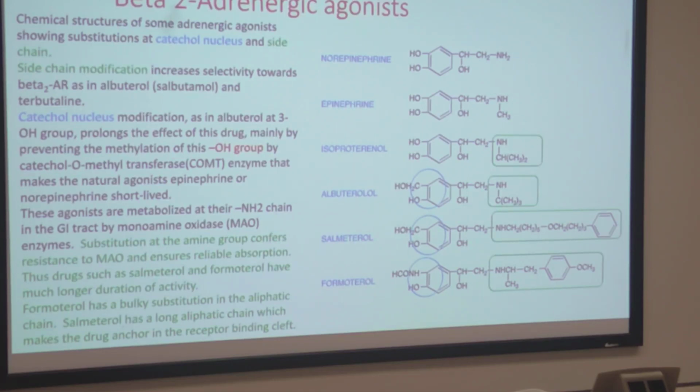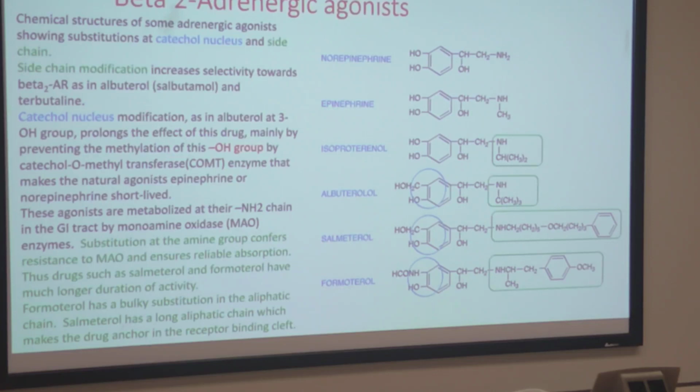So if you block the hydroxyl group or convert it into something else, you can make it stable, able to withstand the COMT enzyme activity. That's in blue.